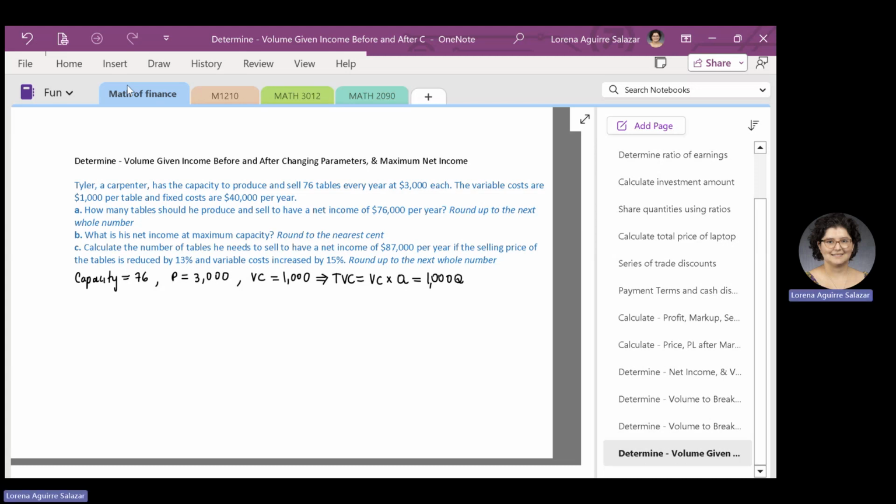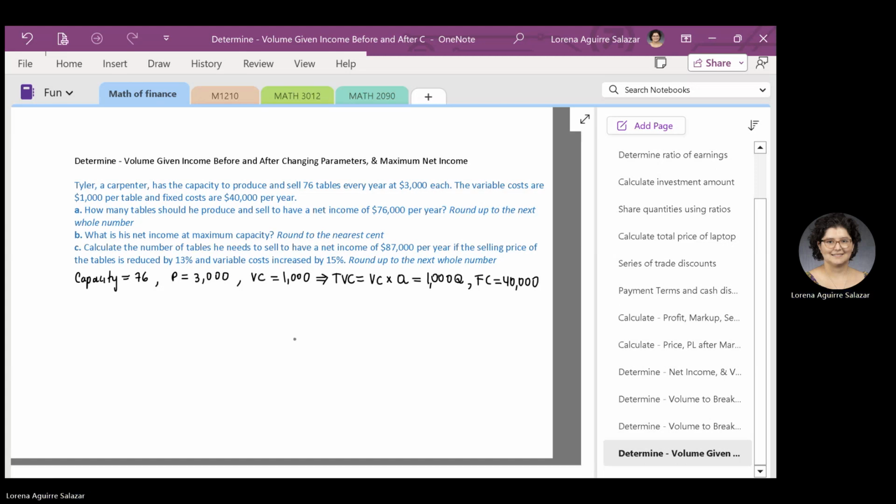Examples of fixed costs are administrative salaries, rent or lease of a facility, utility costs, insurance costs, property taxes, equipment rental or depreciation, and marketing and advertising costs. These are all considered fixed costs since any variation is infrequent, and the amount does not directly depend on the number of units produced. In our case, we have fixed costs of $40,000. So we write FC for fixed costs equals $40,000.